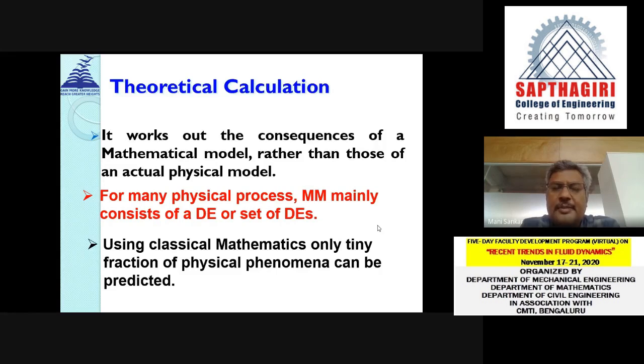And when we do a mathematical modeling, the mathematical equations we get are highly complex in nature. So the traditional mathematical techniques cannot be applied to solve such kind of differential equations.